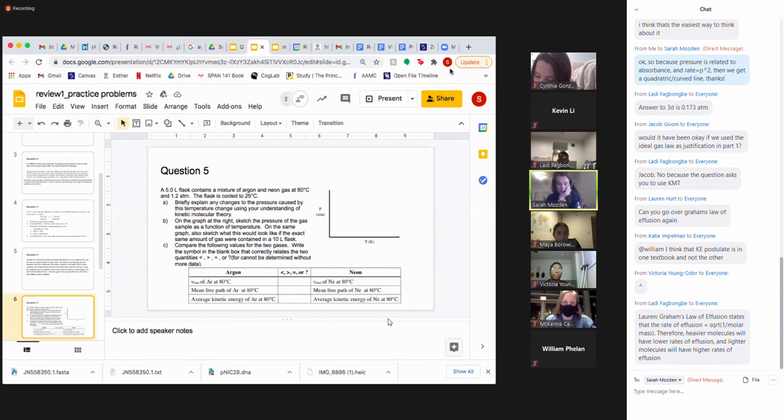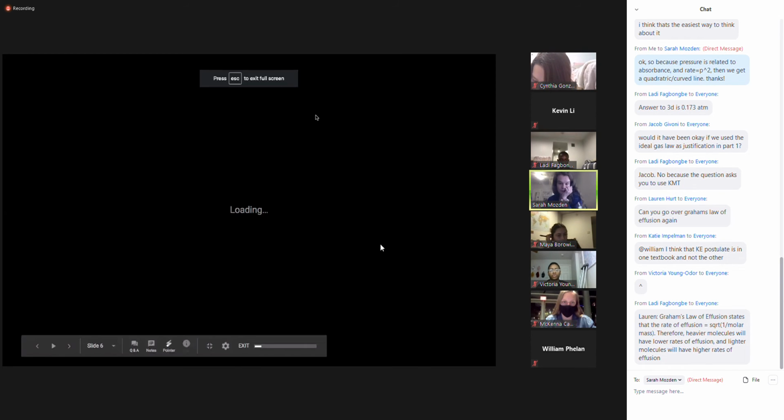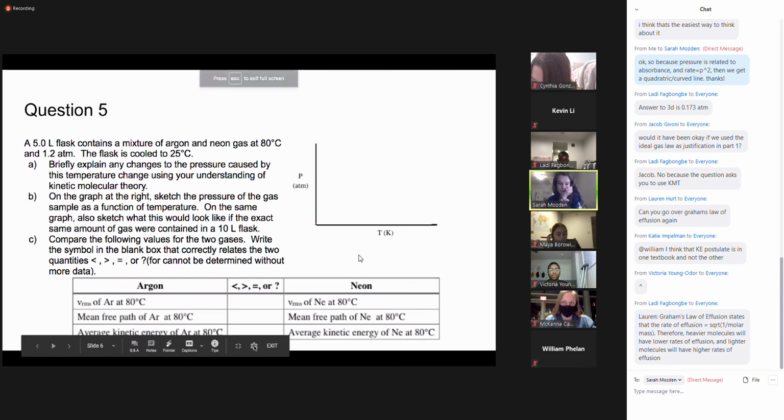So for the root mean squared speed, who wants to explain why they got neon as greater? Sid, go ahead. So the neon molecules are actually smaller in molecular mass.